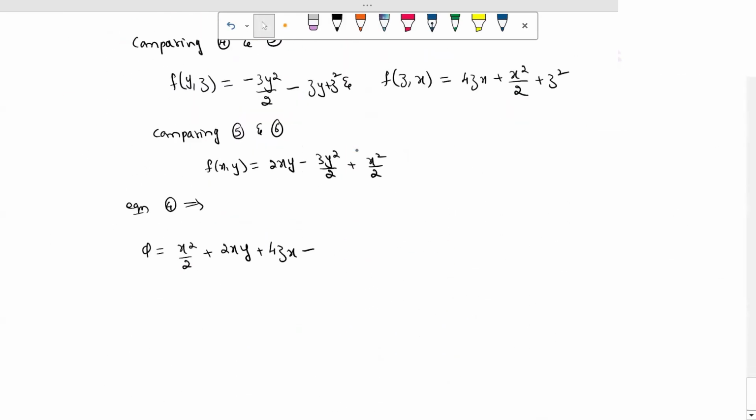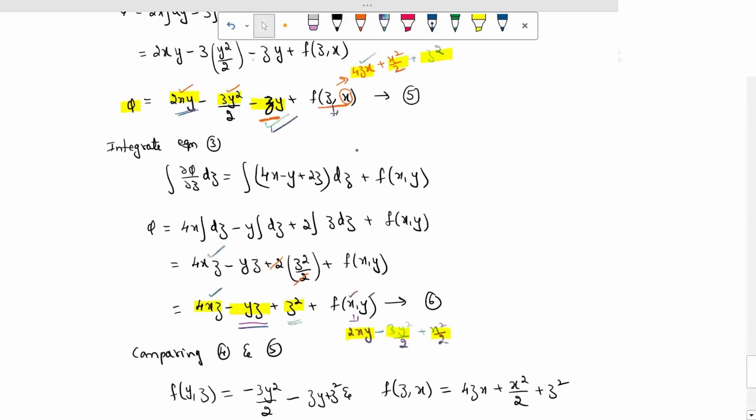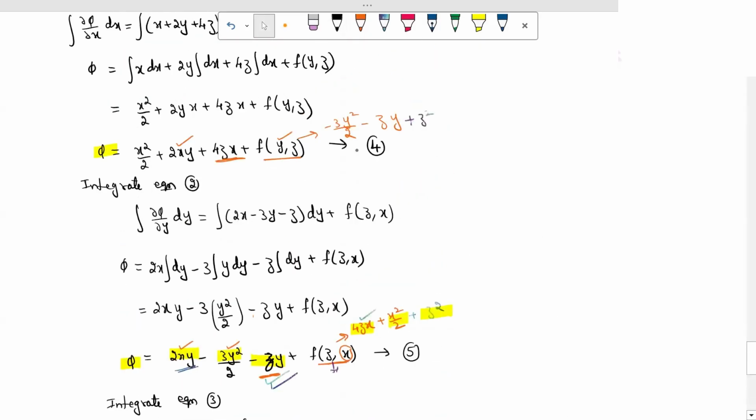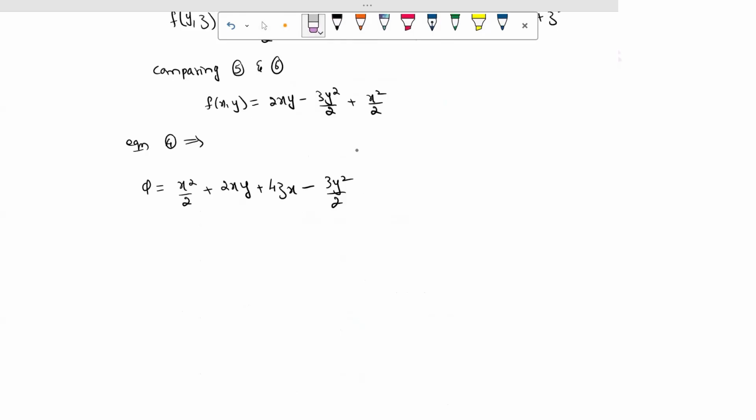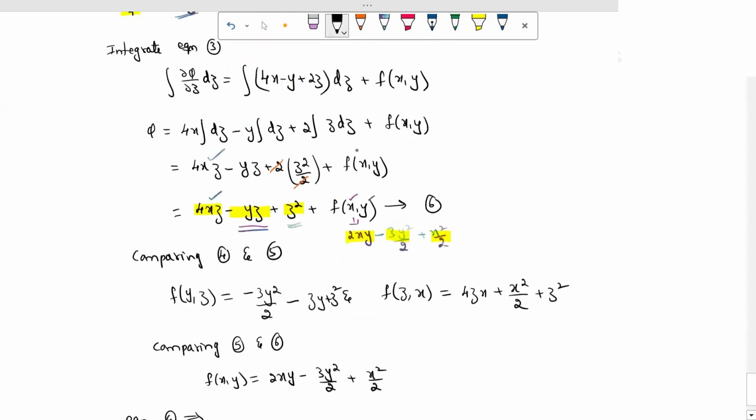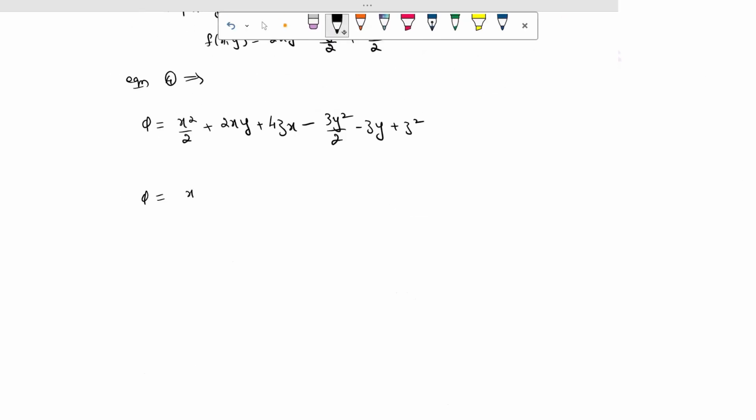Now if you try to rewrite this, phi will be equal to x square by 2 minus 3y square by 2 plus z square. If I write x square, y square, z square together, the remaining terms are plus 2xy minus yz, and the next term plus 4 times zx. So that will be the required solution.